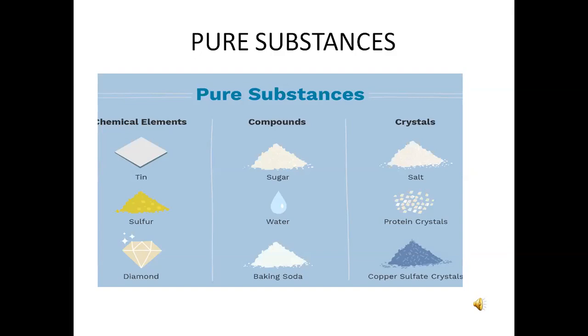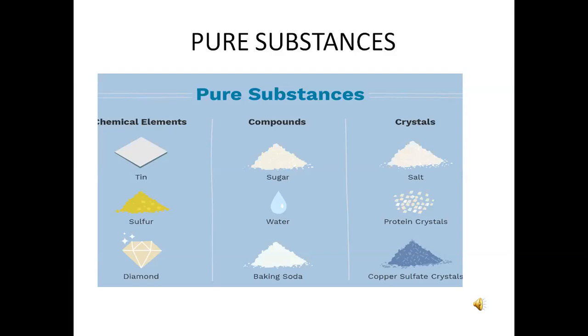For a chemist, the word pure means something else. A pure substance is made up of only one kind of particles. Pure substances may be elements or compounds. An element is made up of the same kind of atoms.